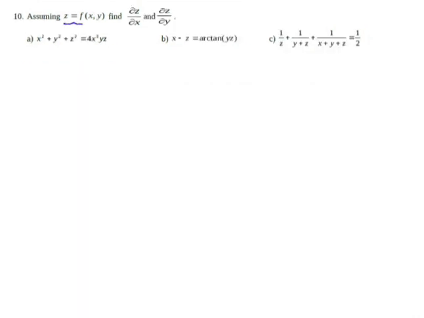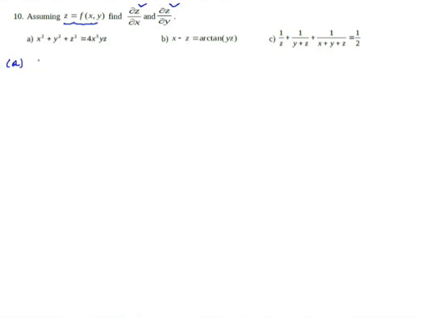Assuming z is equal to f of x comma y, find the partial derivative of z with respect to x and with respect to y. Okay, looking at the equations in question ten, we can observe that z is defined implicitly as a function of x and y. So we use the implicit differentiation formula.